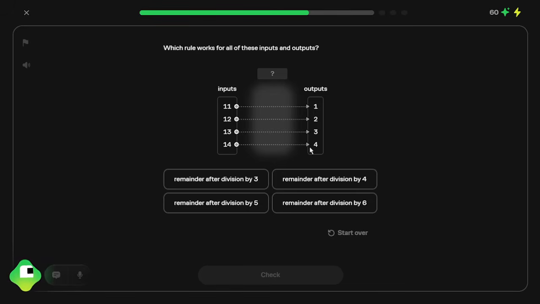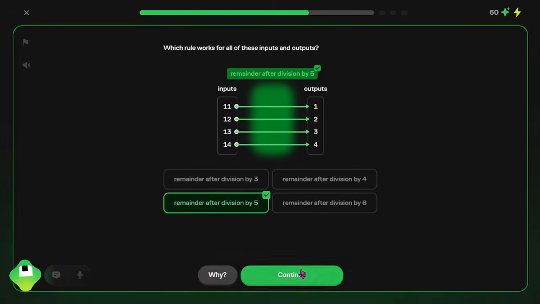Now remainder after division by 4. 12 can also be divided by 4, so it has no remainder. So this is wrong. Remainder after division by 5 seems correct, because none of these can be divided by 5 and they have remainders of 1, 2, 3, and 4. So it must be correct. That's right.